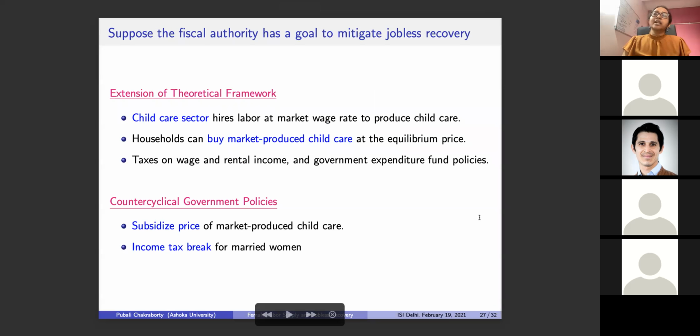And as for who is paying for this policy, I have wages and I have rental income, and then I have a measure of government expenditure, which is essentially funding this policy. So if you're thinking in terms of what would be the optimal policy here, that's not what I'm solving for.